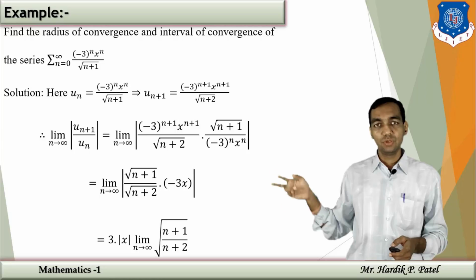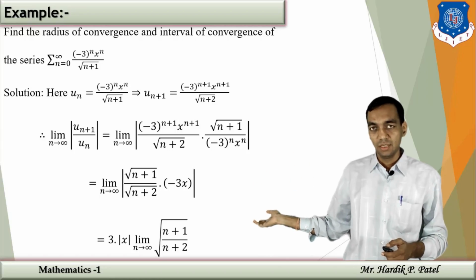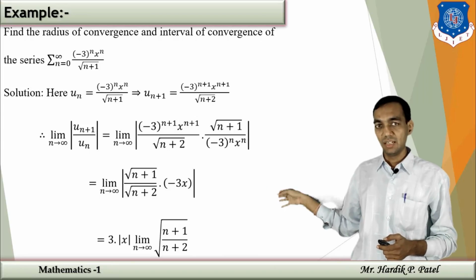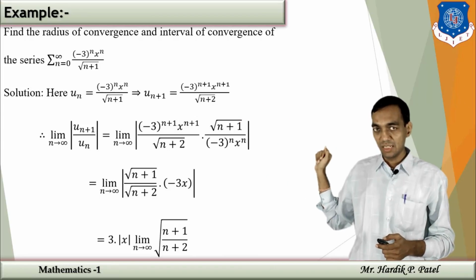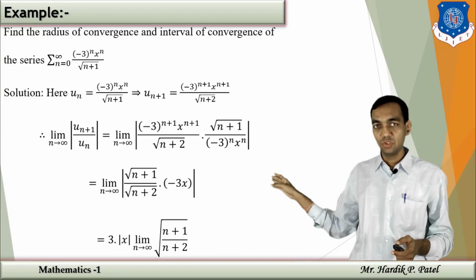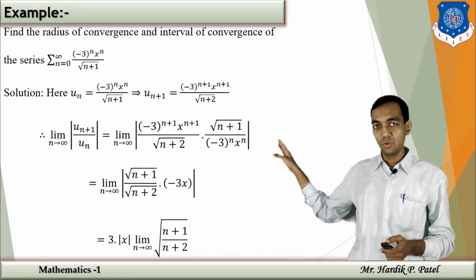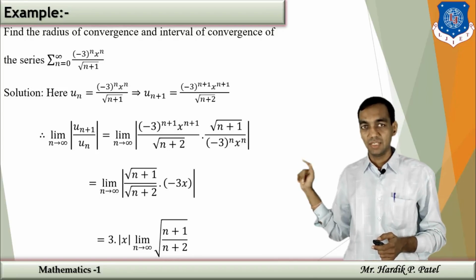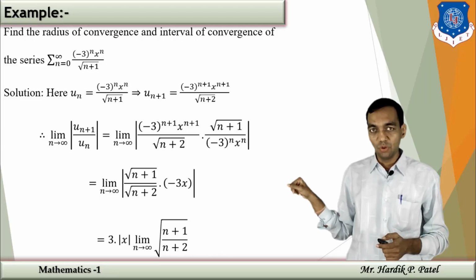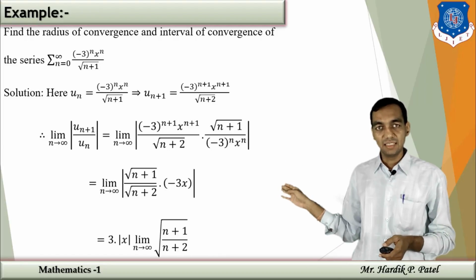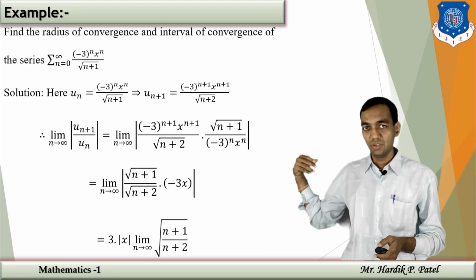And applying the limit to the mod of un plus 1 upon un, and simplifying that will give you: (minus 3) raised to n cancels out, x raised to n cancels out, and the remaining terms you will have are mod of under root n plus 1 divided by n plus 2, into minus 3x. But since we have a mod, the minus is going to be eliminated, and 3x is constant with respect to the limit, so it will come out.